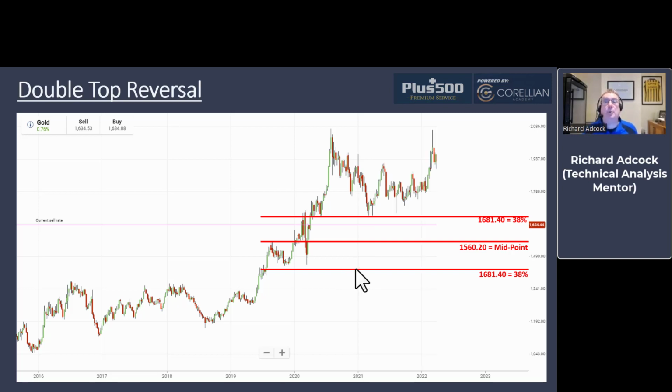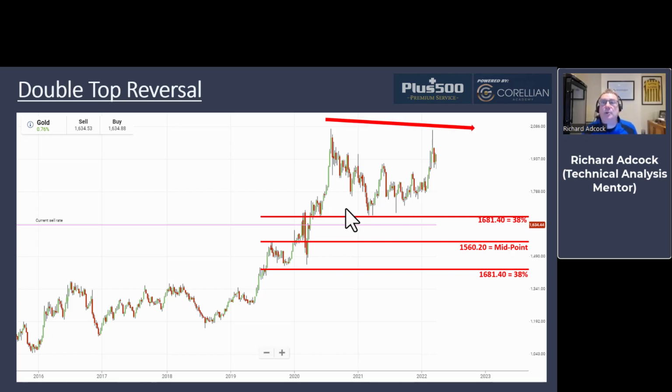Now, what actually subsequently happened within the price of gold is as we then saw the acceleration into the recent peak, we retested the March 2020 high and then rejected significantly from it.